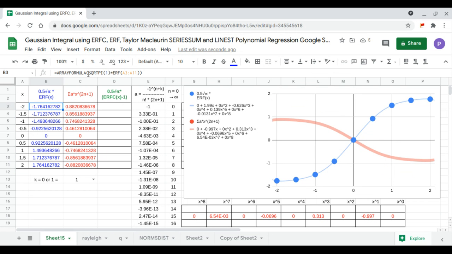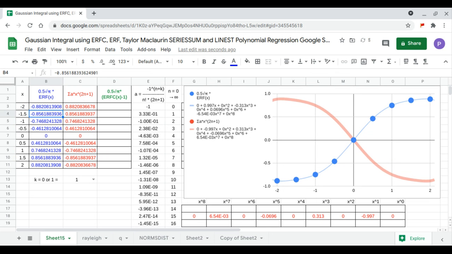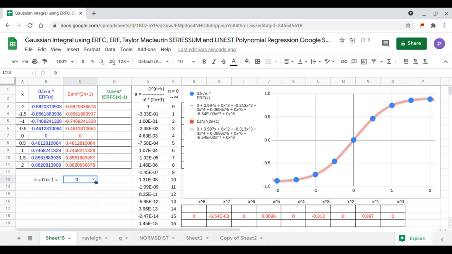Finally, 0.5 times. That's the error function.